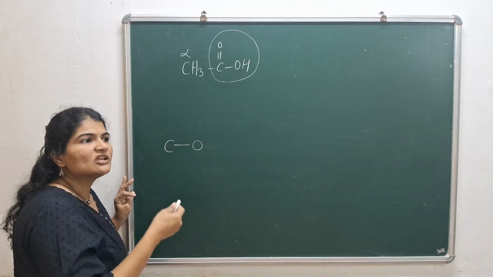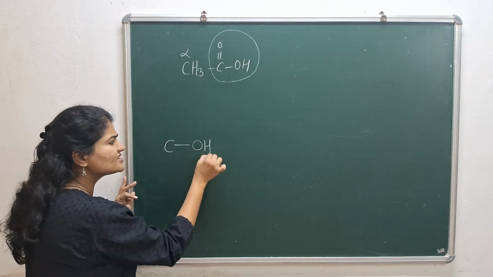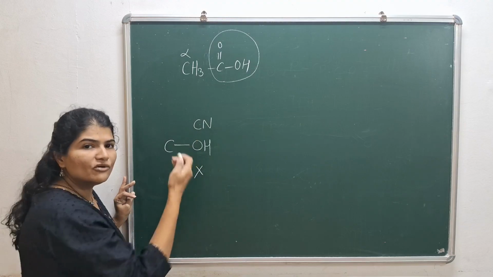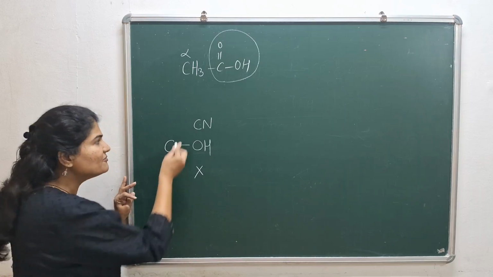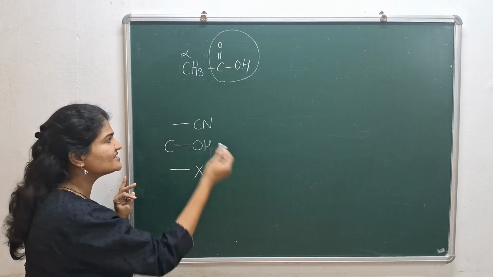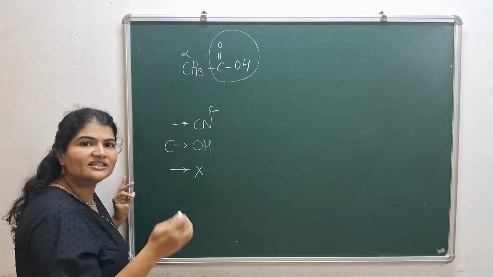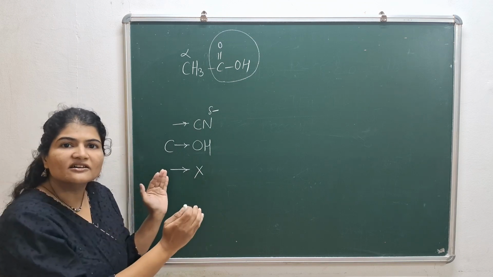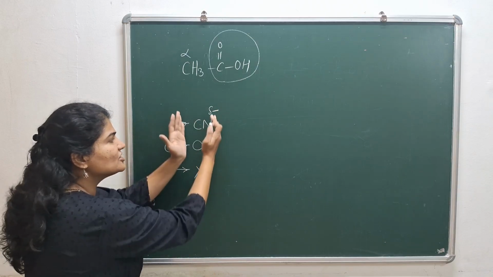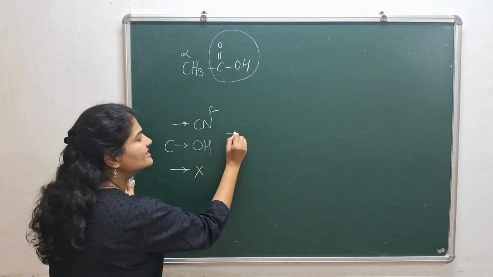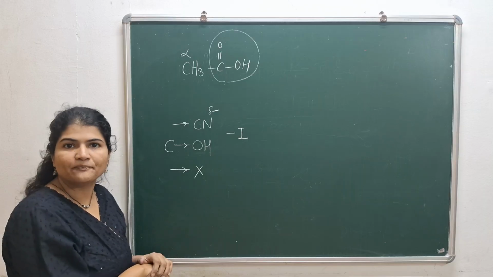So the groups which are highly electronegative, like halogens, oxygen, hydroxyl group, cyano group, all of them have a tendency of withdrawing or attracting the shared pair of electrons towards them. So they acquire a partial negative charge whenever they are in a bond, in a covalent setup. And these groups are said to exert a negative inductive effect on the entire covalent setup.